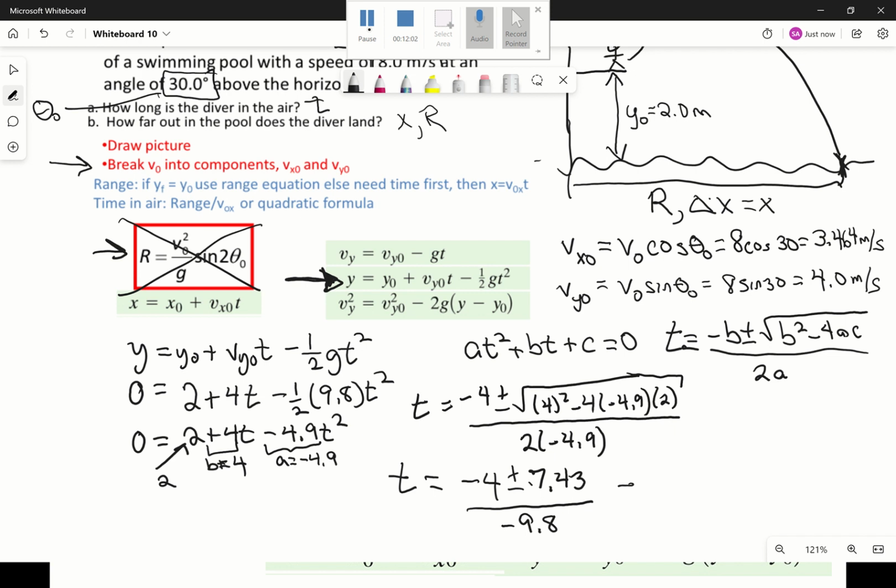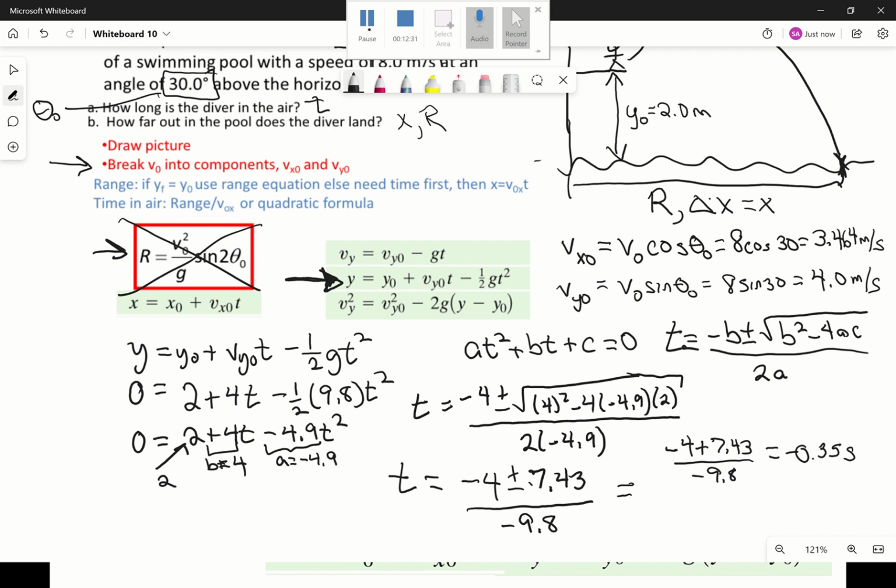And so if I put that into my calculator, I'm going to get 2 solutions. One solution if I use a plus sign, and one solution if I use the minus sign. So if I use the plus sign, I get negative 4 plus 7.43 divided by minus 9.8, which gives me negative 0.35 seconds.